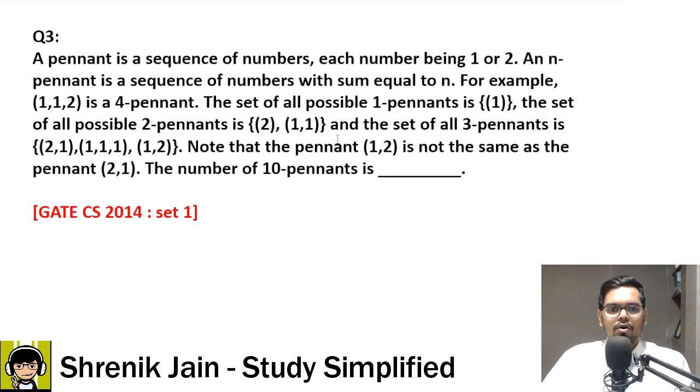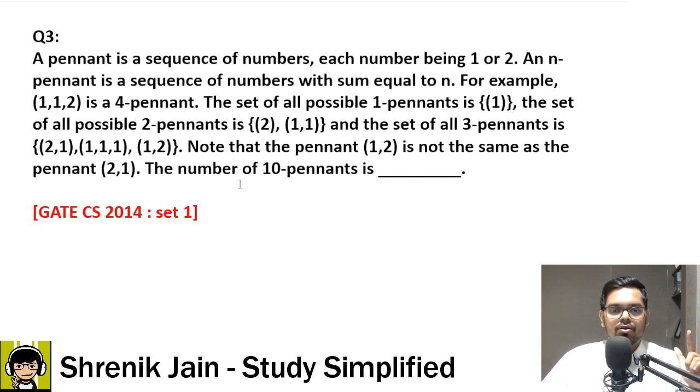So the set of all possible 2 pennants is nothing but putting them in curly brackets. Coming to the third point, the set of all 3 pennants is like this. Then you have to note that the pennant 1, 2 is not the same as the pennant 2, 1. See carefully, 2, 1 is not the same as 1, 2. This is what they are saying.